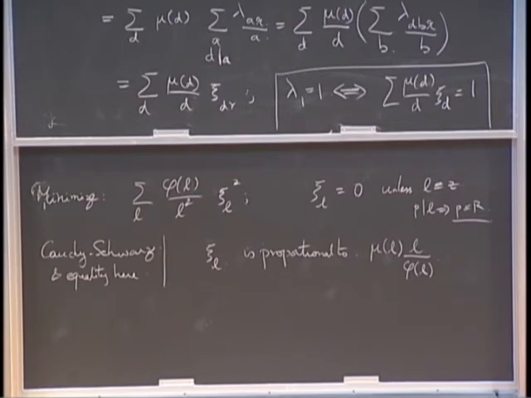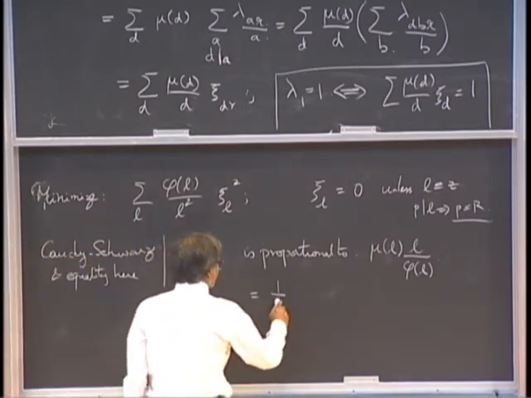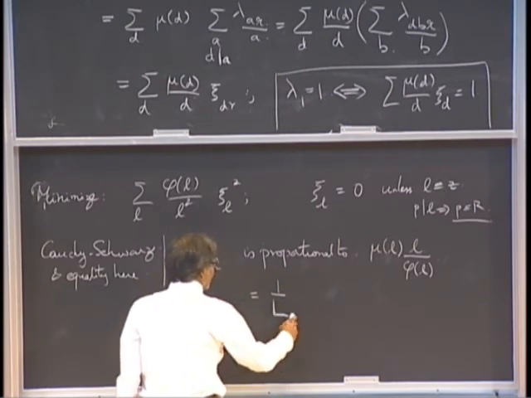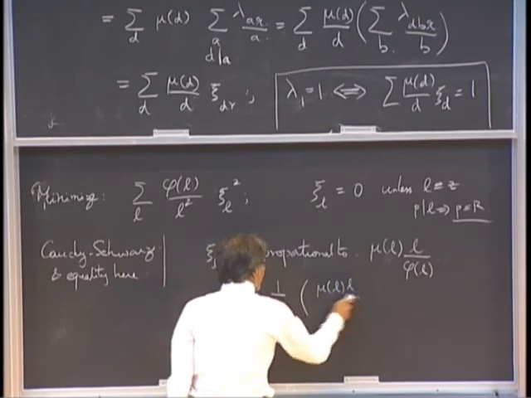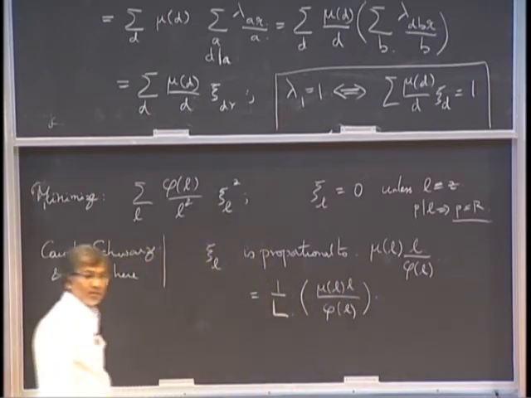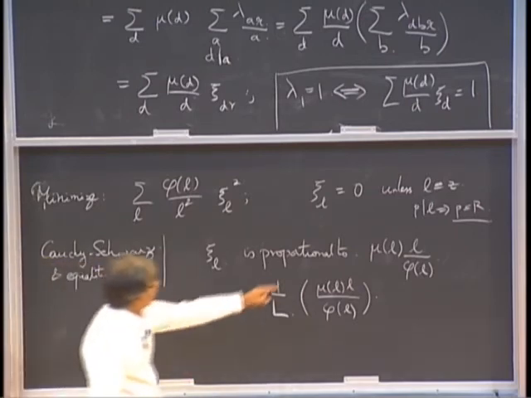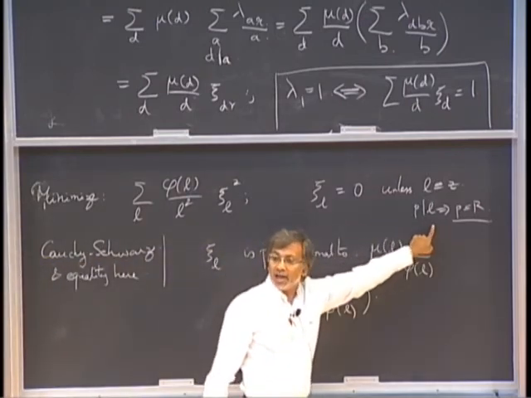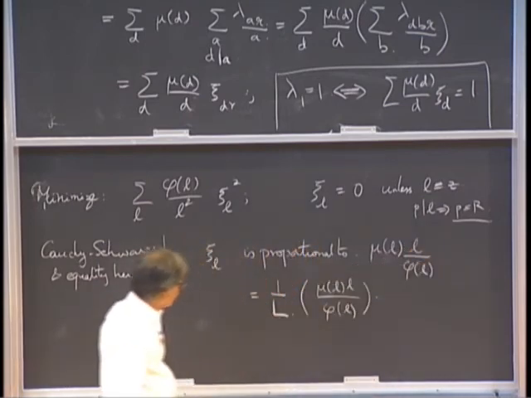So let's say it's equal to 1 over capital L times mu L times L over phi L. Again, only on those numbers that are below Z and have all their prime factors less than R. Otherwise, I take it to be 0.